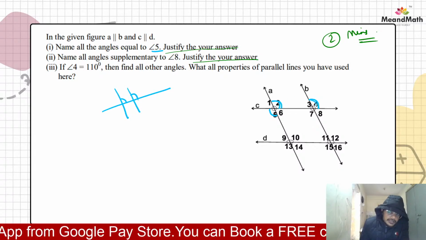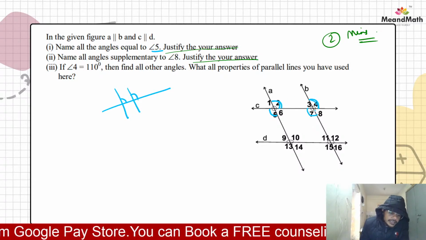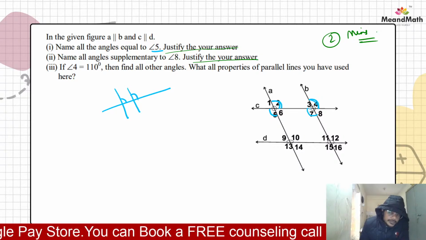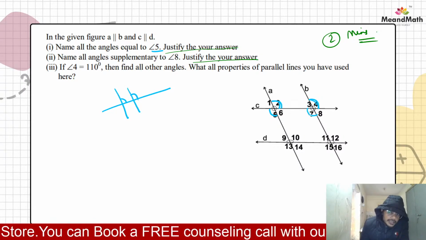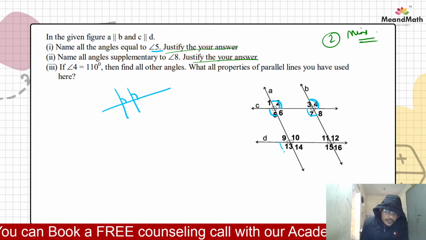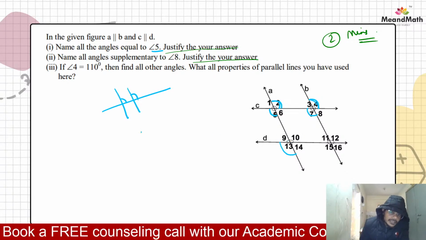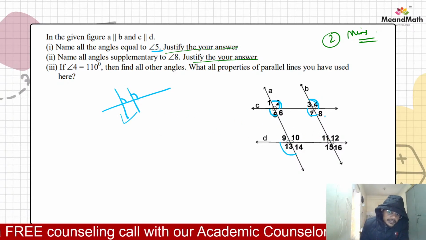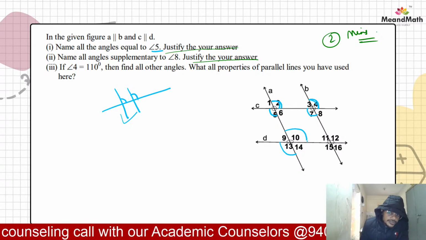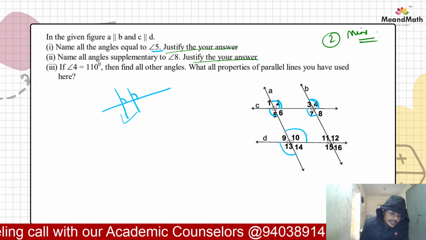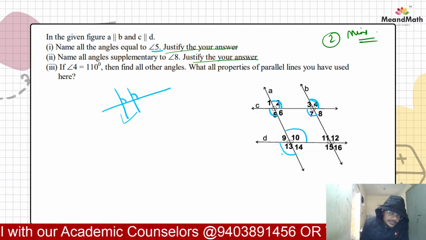Now this angle should be equal to this one, again by vertically opposite angles. Now see one more thing. This 7 should be equal to angle 13. Why? Again this property. Now this 13 should be equal to angle 10, again with vertically opposite angles.